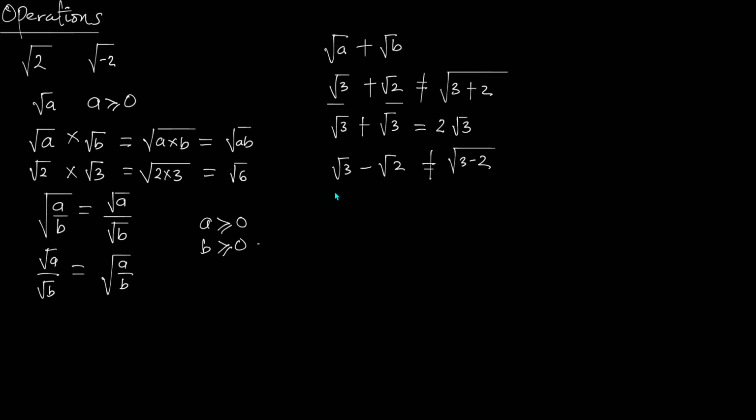But if you have the same form, let's say 3 square root of 3 minus 2 square root of 3, then we have 3 of the square root of 3, and 2 of them here. So it's like 3 minus 2, you have 1. So this is equal to just 1 square root of 3.